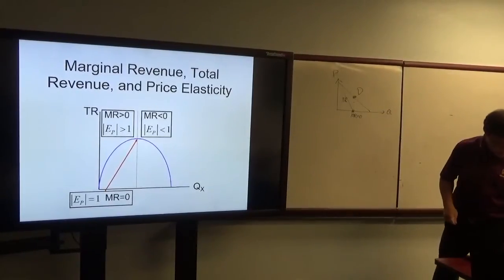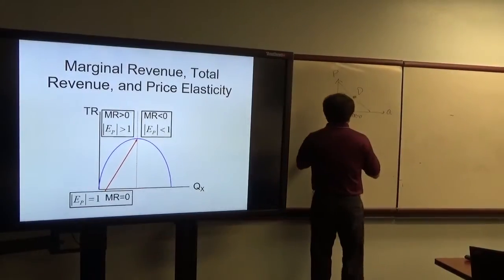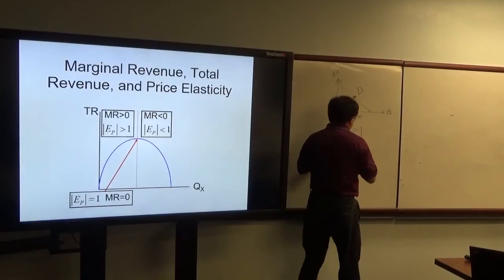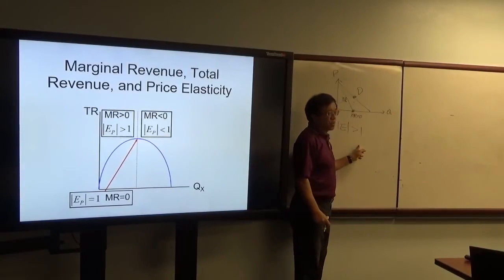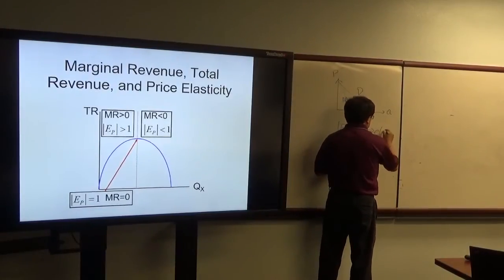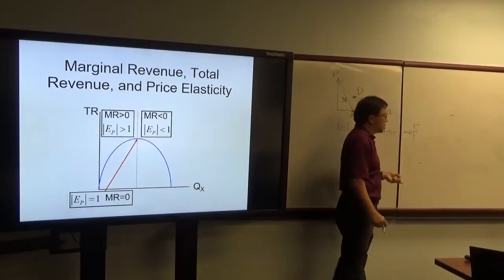So now, one important question: when should I increase the price or decrease the price? Just imagine if this one is greater than 1. Greater than 1 means what? Elastic. Consumers are sensitive. They're very sensitive to changing price.